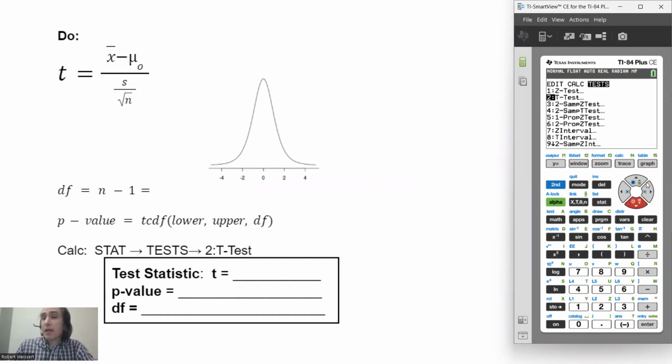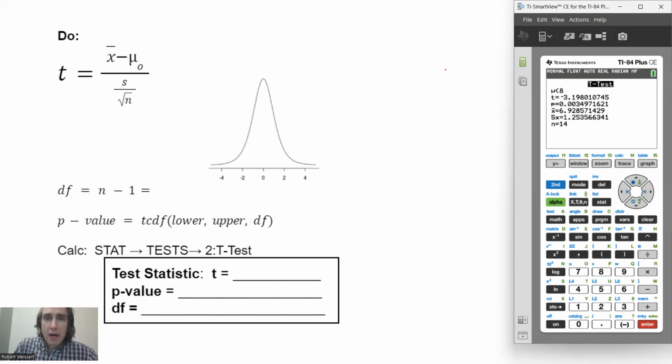So this is what the calculator is going to call t-test, option 2. And since we entered our data in from L1, we're going to pull it from data, and we're going to make our null 8. And we're going to pull from L1, and we're going to say less than. Remember, we're trying to test to see if it's less than 8 hours. So let's calculate that. And you should see the same t and p value that we calculated by hand.